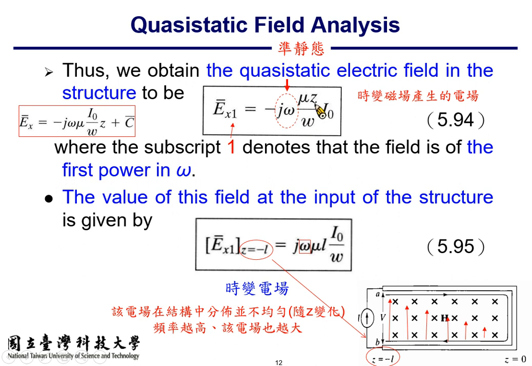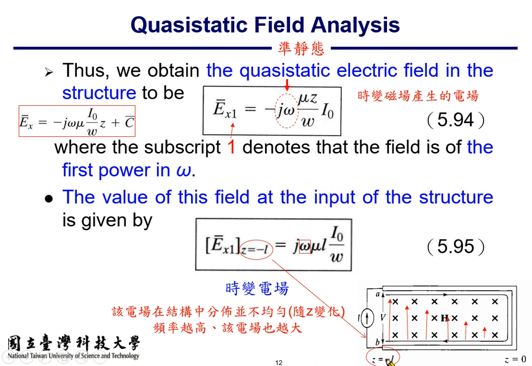It's also dependent on position Z. At Z equal to 0, EX1 equals 0. For Z equals minus L, which is the very left end of the structure, if you substitute minus L for Z in this expression, you end up with equation 5.95, right?